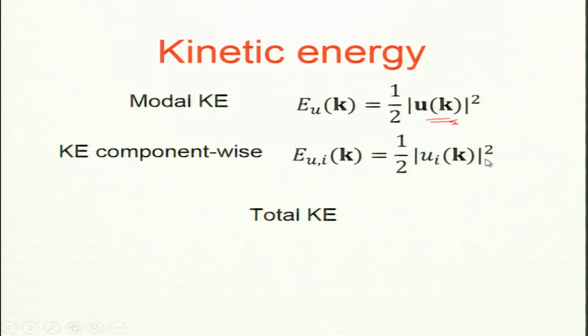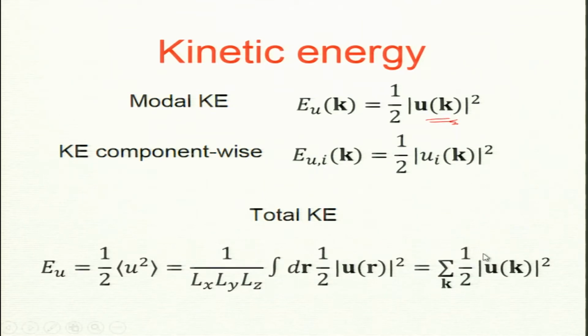So, what is the total kinetic energy? As I said, the sum over |u_k| squared. This is the total kinetic energy in Fourier space, but I just showed by proof that this must be equal to half the integral of u squared.